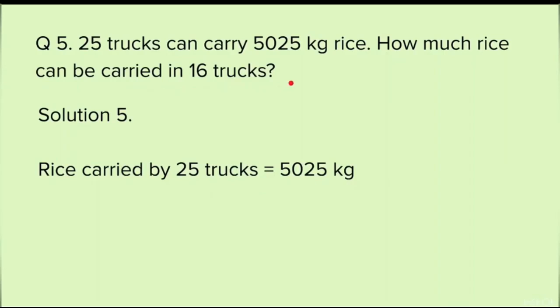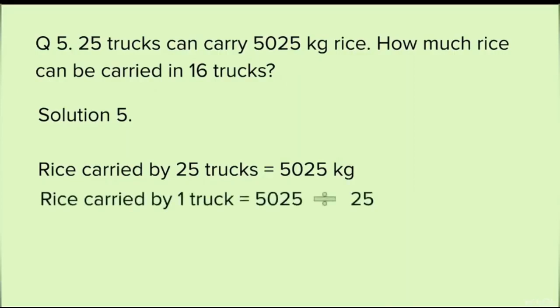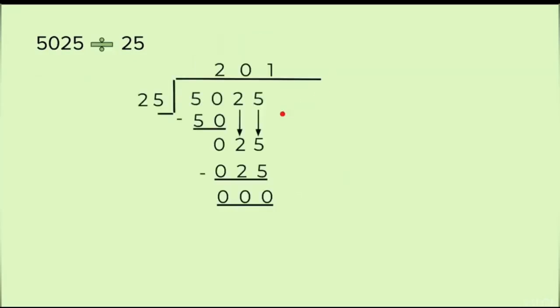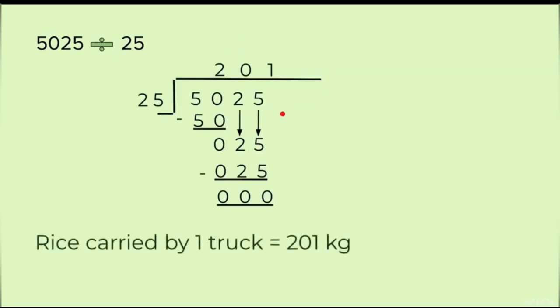So first of all we will find out how much rice is carried by one truck. We will divide. Now let us divide. See, rice carried by one truck is equal to 201 kg.